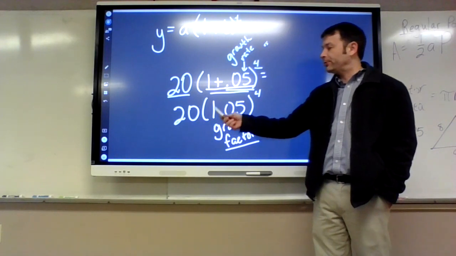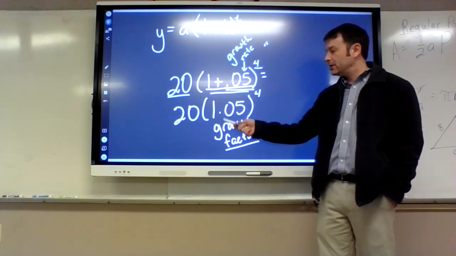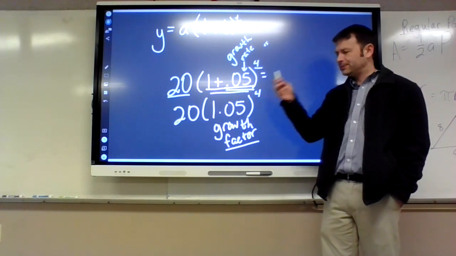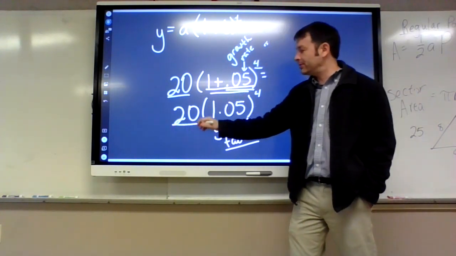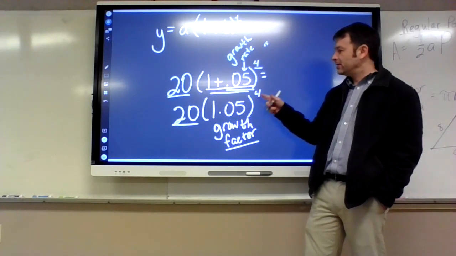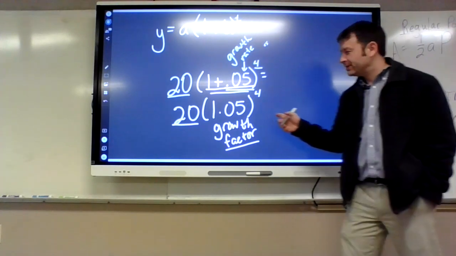And 20 is being multiplied by 1.05 over and over and over. That's why this is a growth factor, but this is just the rate. Okay, so we have initial amount, growth rate, growth factor, and time.